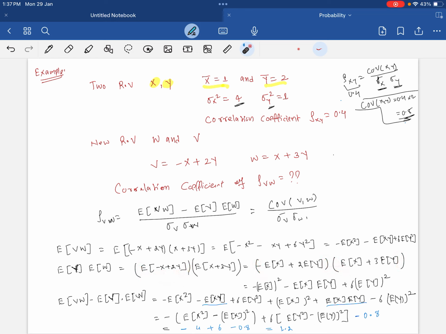Now to find the covariance, you put this term and take the difference with this term, right?